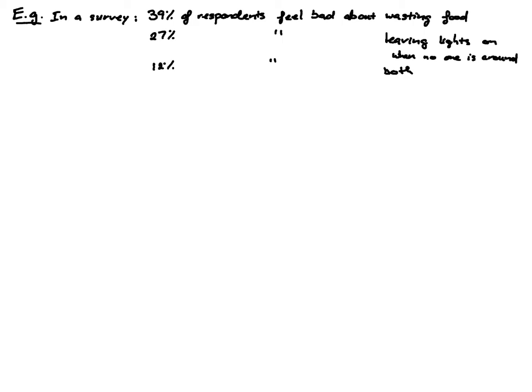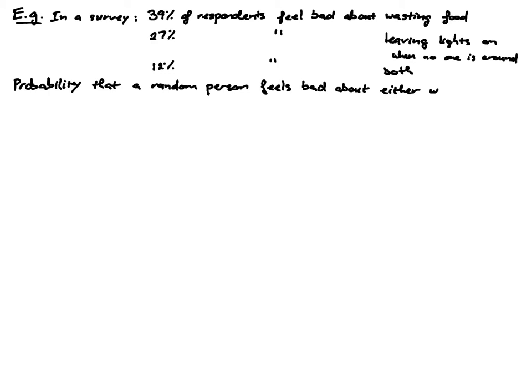We want to find the probability that a random person feels bad about either wasting food or leaving lights on.